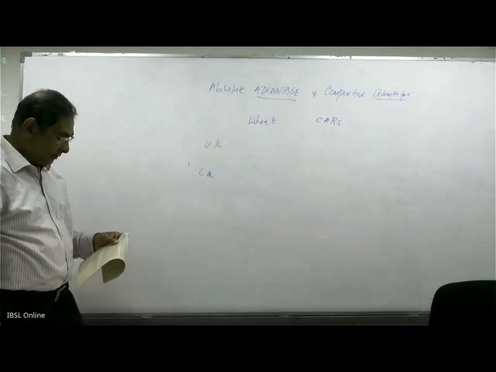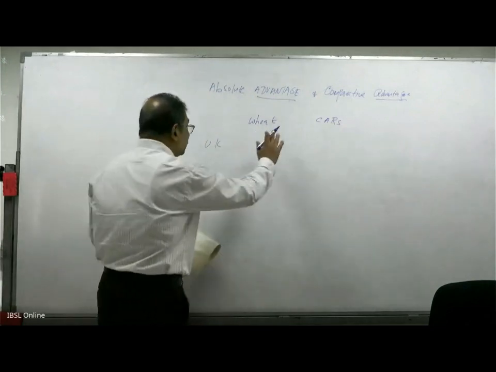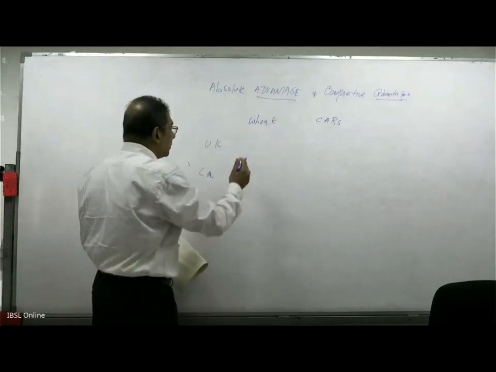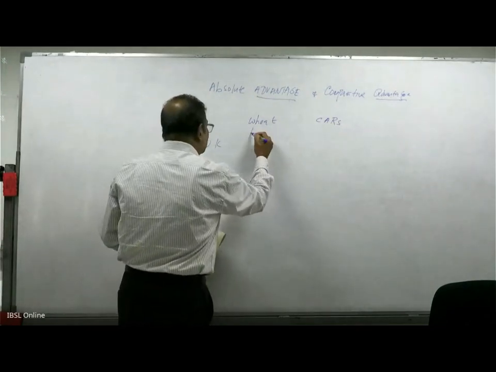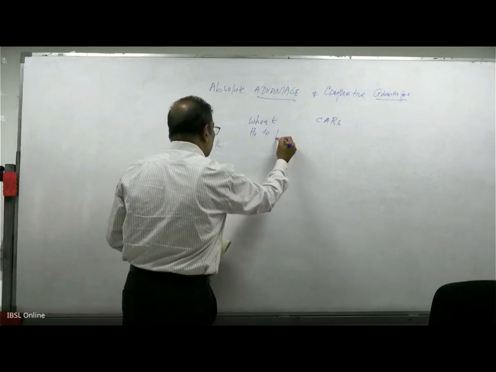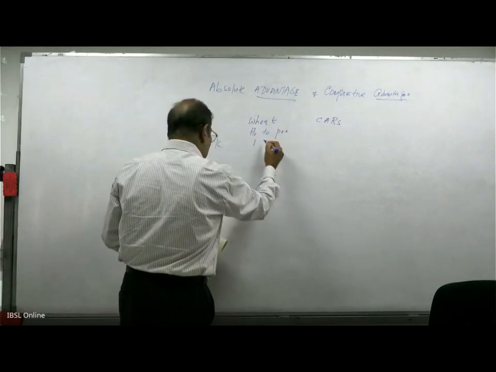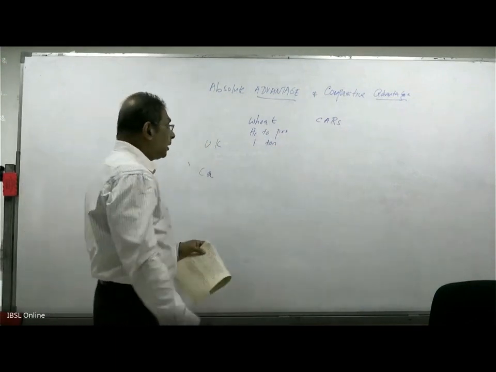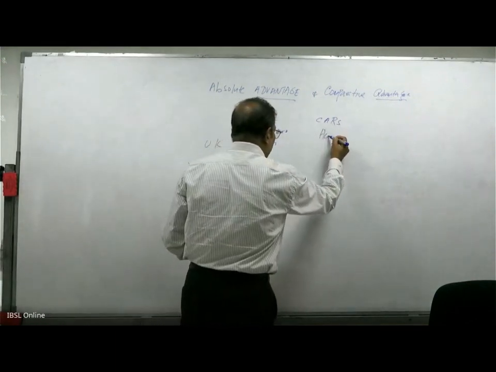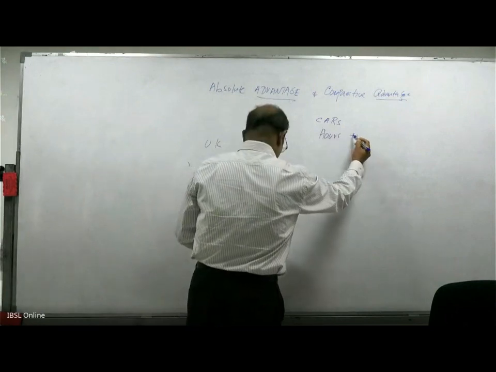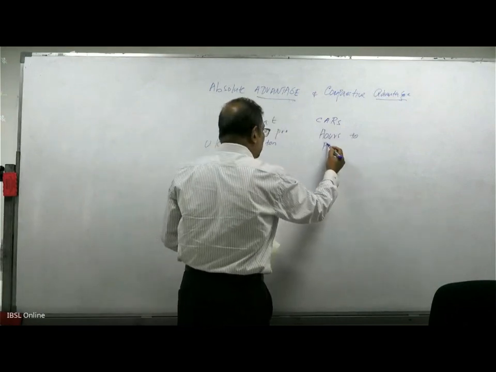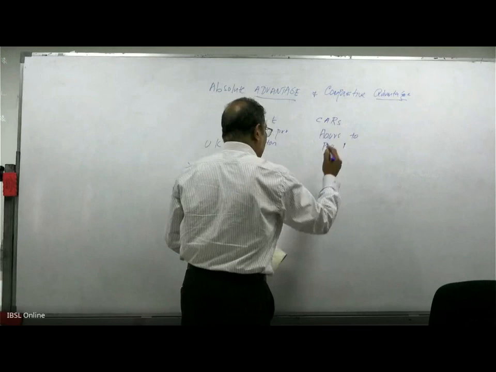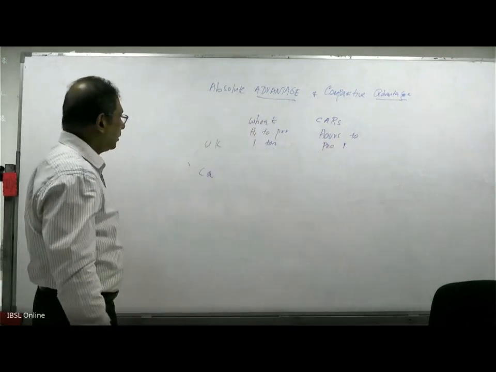Wheat: hours to produce 1 ton. Then cars: hours to produce one car. Right?